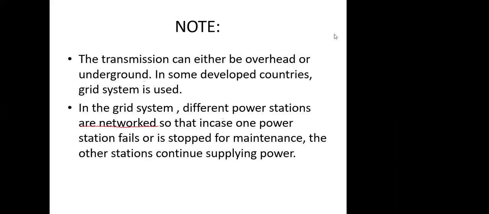So someone in the chat is asking us a question: why are there power losses? Power losses are there because as power moves from one place to another, it is moving through materials, for example, copper wires.